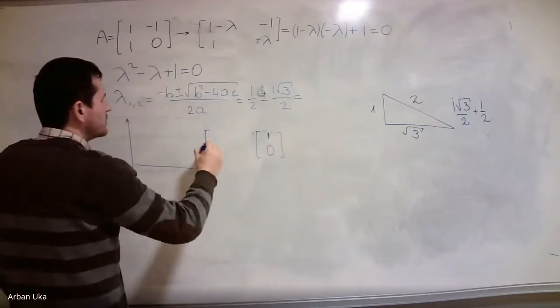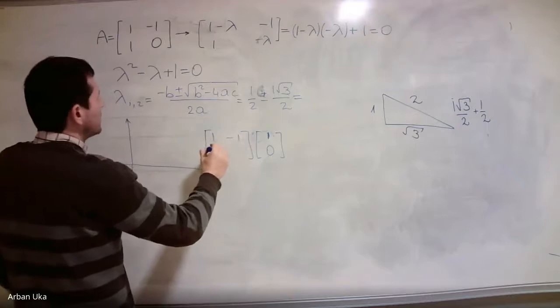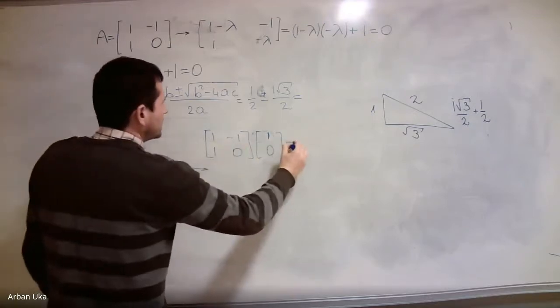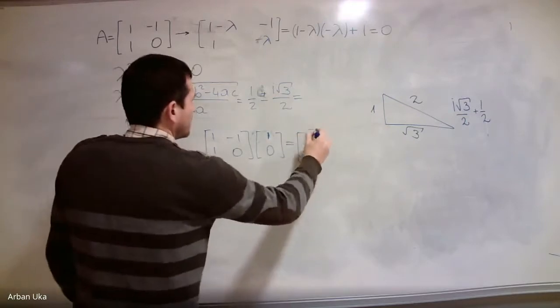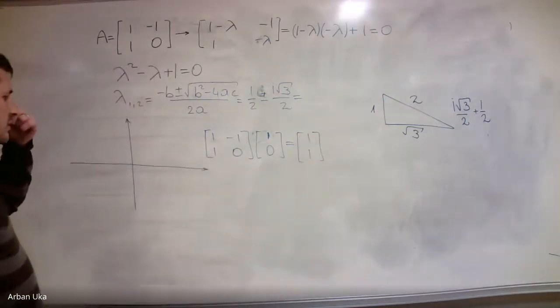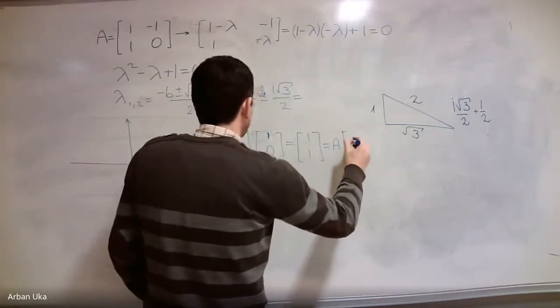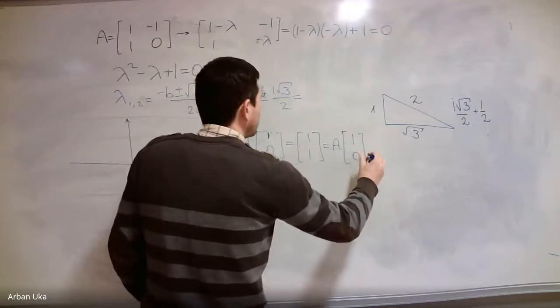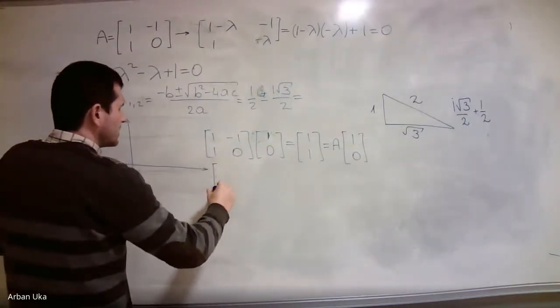If we have a vector which is 1, 0, we can multiply this one with 1, minus 1, 1, 0, and what do we get? I believe this is correct. So this is equal to a times 1, 0.